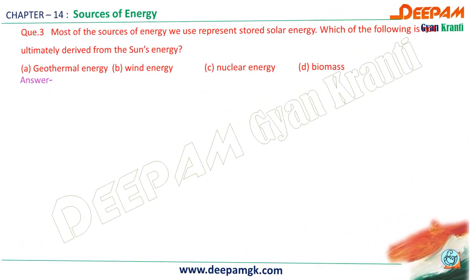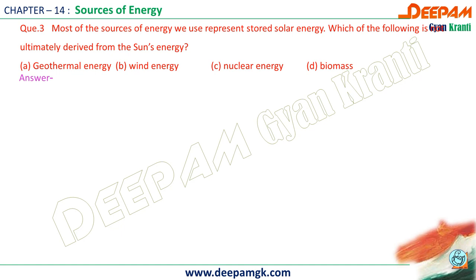The third MCQ of this video is: most of the sources of energy we use represent stored solar energy. Which of the following is not ultimately derived from solar energy?